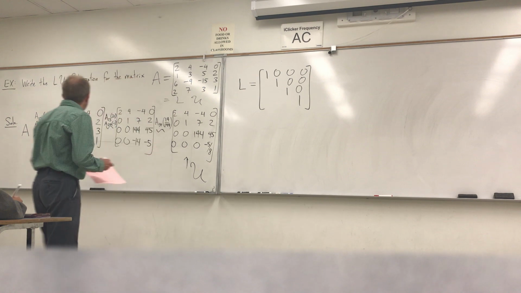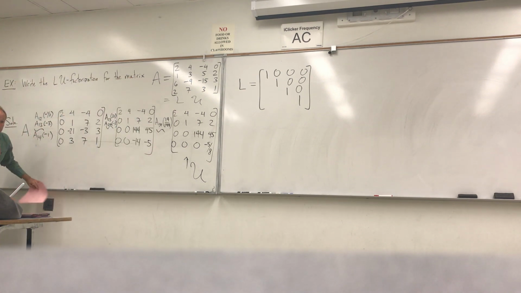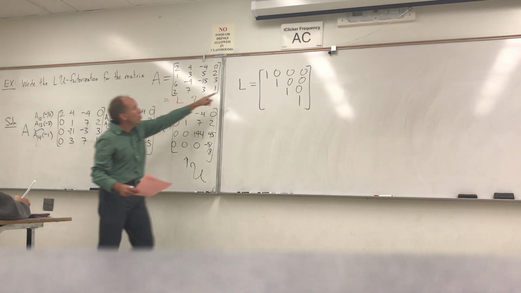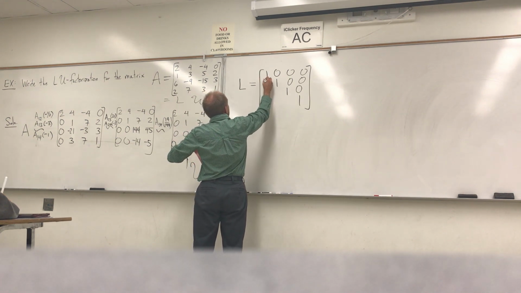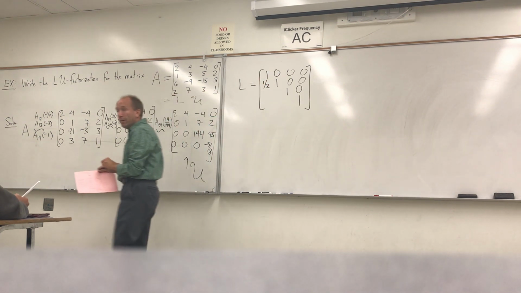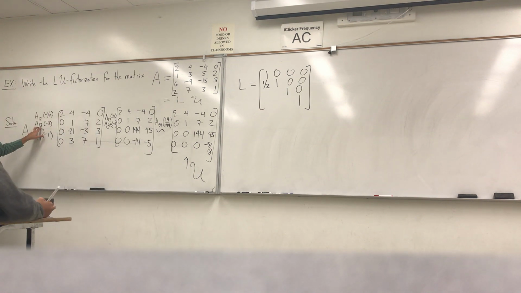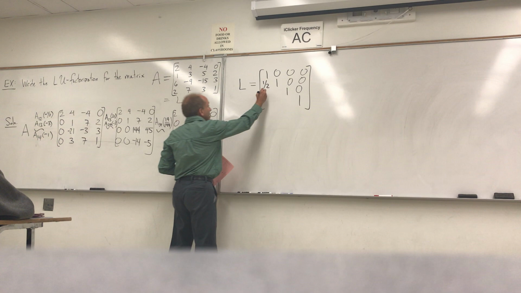And what you have to do is, okay, this is very important: you have to take the negatives of these multipliers and put them in the corresponding position. So like here is 1, 2. It becomes the 2, 1 position right here. I take negative a half and I change it to 1/2. Okay, so 1, 3, whatever the A13 multiplier is going to be, put it in the 3, 1 position, and I change the -3 to a +3.